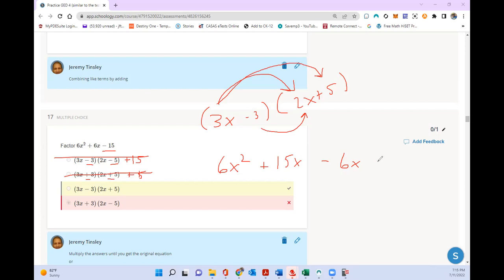But I'm going to show you how do you know that? Because right away, what is 15x minus 6x? Negative 9. 9x, I'm sorry. So 6x squared plus 9x minus 15. No, that didn't get me here.